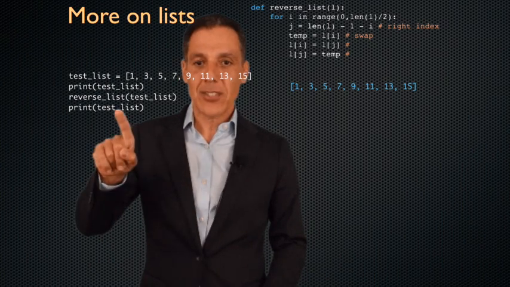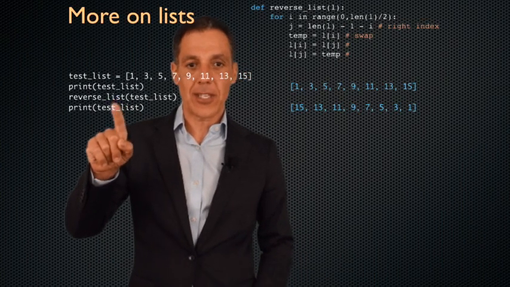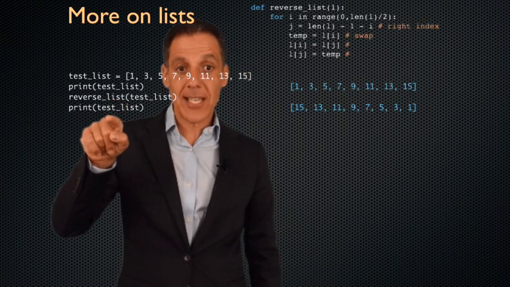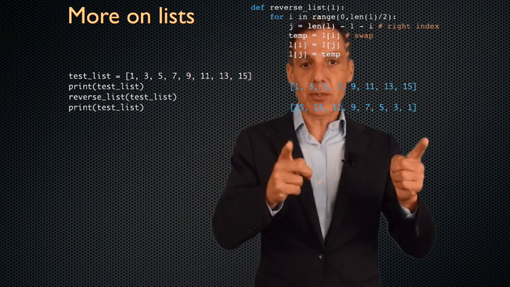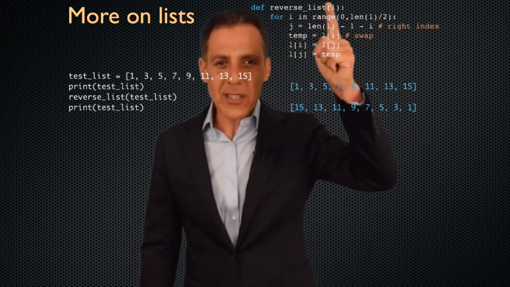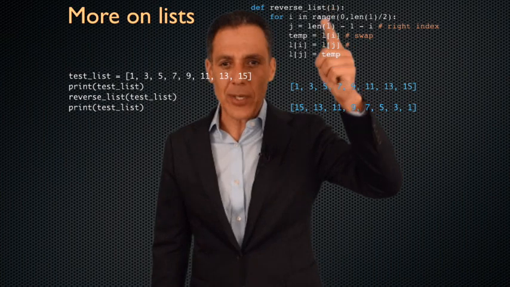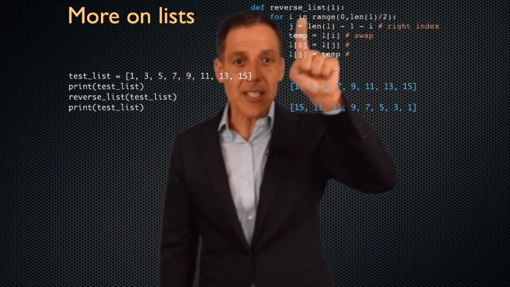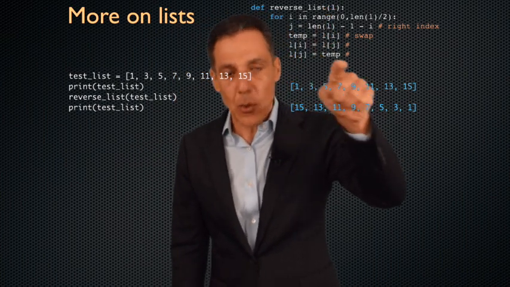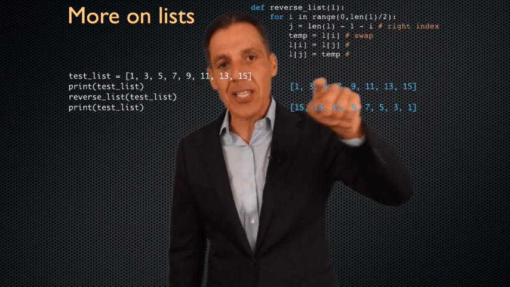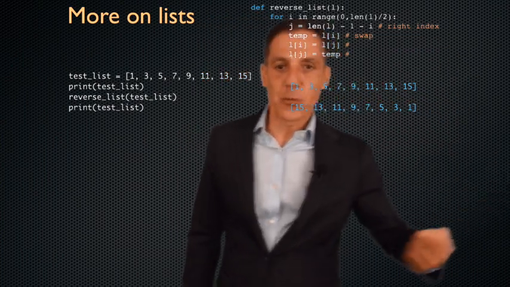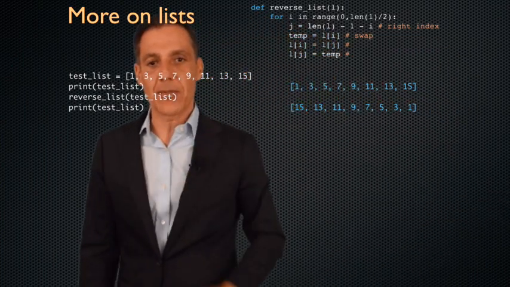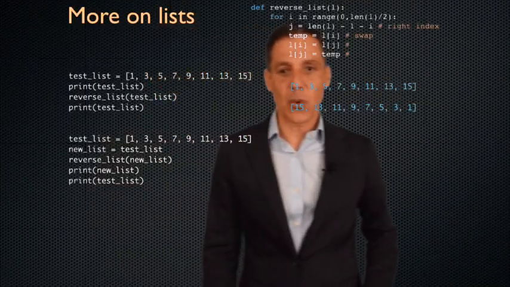And what that means is that when I call this reverse list and then I ask what is test list, it has itself been reversed. Even though it looks like I'm reversing that little variable right there, I'm passing in the address. So when I make modifications inside of a function, they have this ripple effect because of the way lists are being stored.